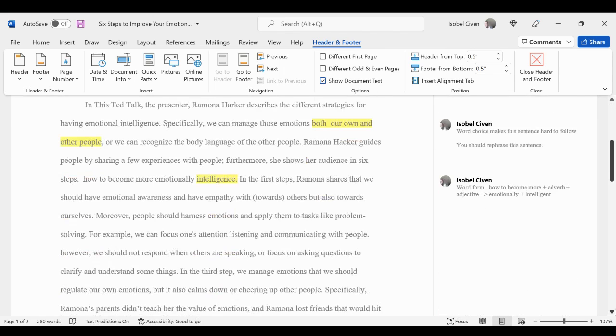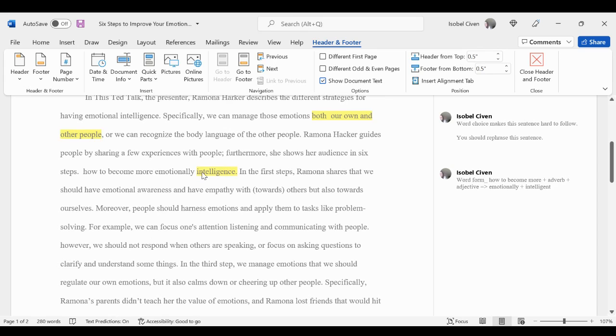And then as we go down further, we see that the student needs to use the author's last name. Okay, it should be Hacker. The second time you mention the author, you should use the author's last name, not the first name. But sometimes students think, well, maybe Ramona was talking about herself and telling her own story.